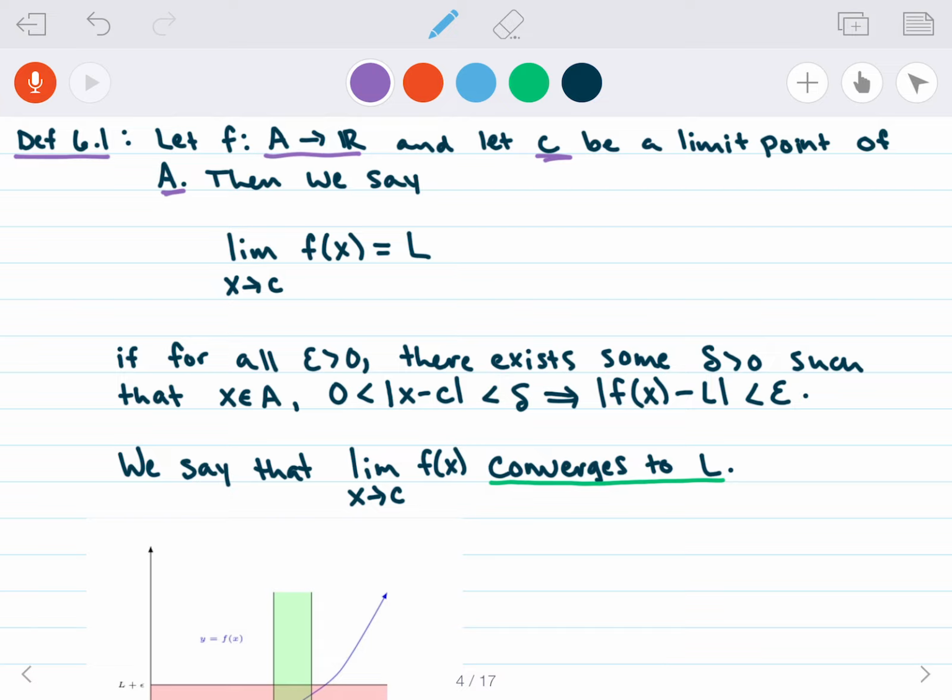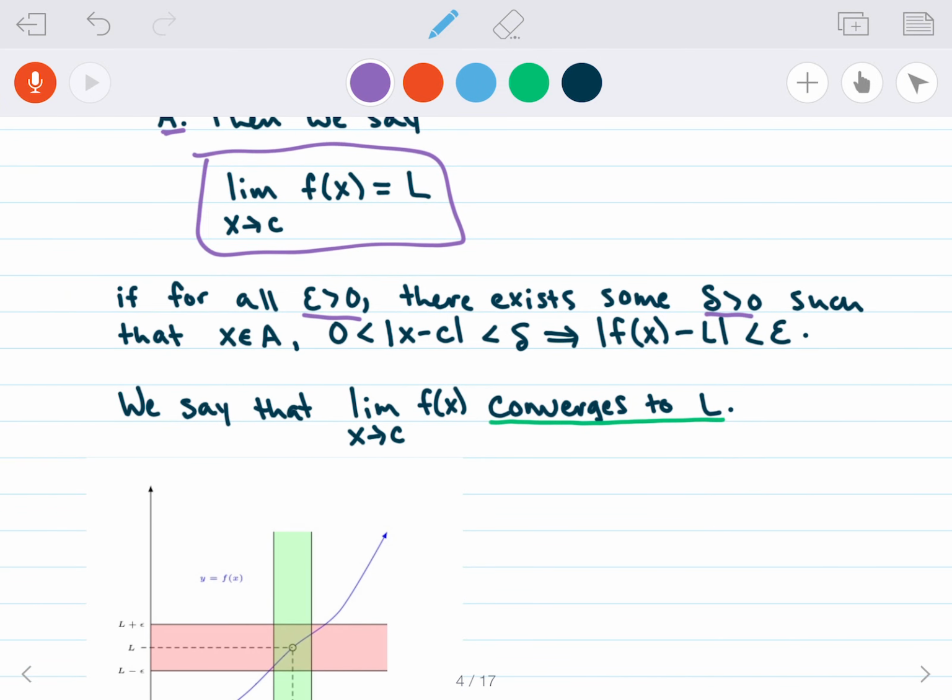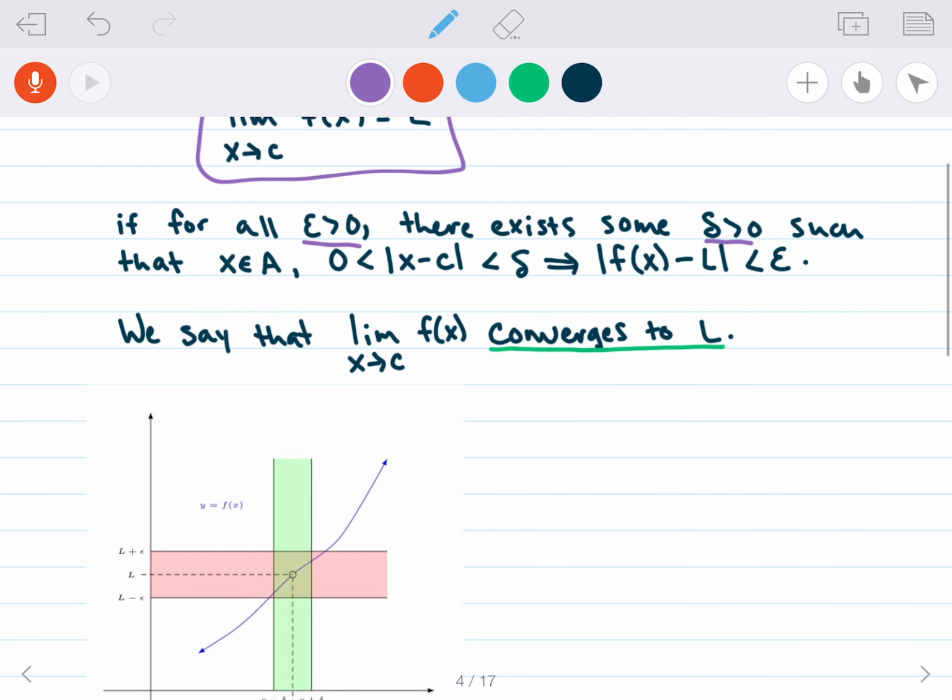But we should have that it is a limit point of our set A. Then we say the limit as x approaches c of f of x equals L if for all positive epsilon there exists some delta, so that when x is in that delta neighborhood, when the distance from x and c is less than delta, and greater than 0.